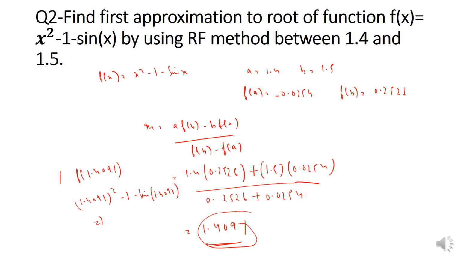Just use the calculator for this value. This is almost equal to 0. So this is the answer to this question. I hope with these two examples this regula falsi method is pretty clear.